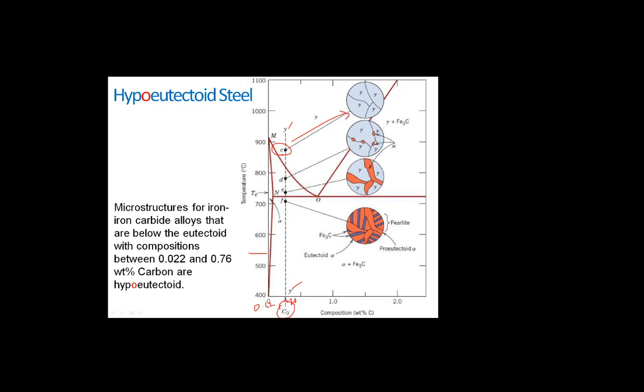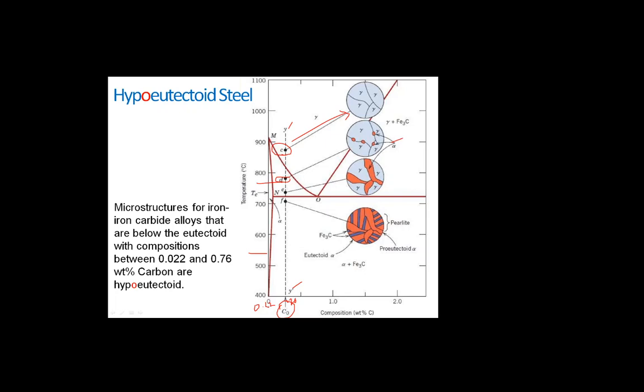As you can see in this figure, cooling to the point D at 775 degrees centigrade, which is within the alpha plus gamma phase region, the transformation of the phase starts taking place, and the microstructure shows a combination of the alpha and gamma phases.